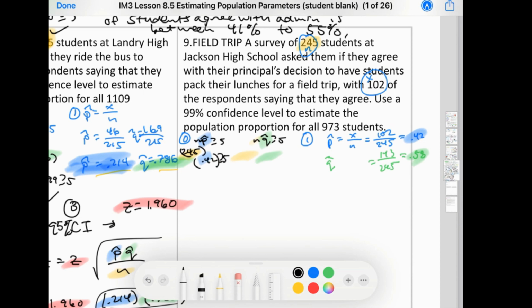Is that greater than or equal to 5? And then 245 times 0.58. Is that greater than or equal to 5? So 245 times 0.42 gives me 102.9 students. That is bigger than 5. Yes, 245 times 0.58, and that is bigger. So my conditions are met.